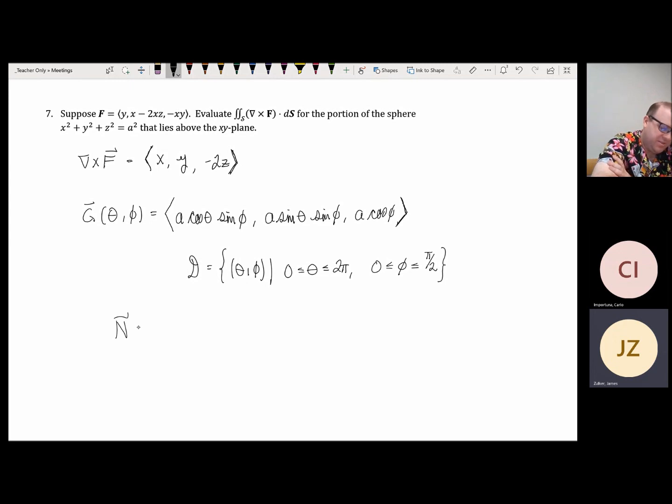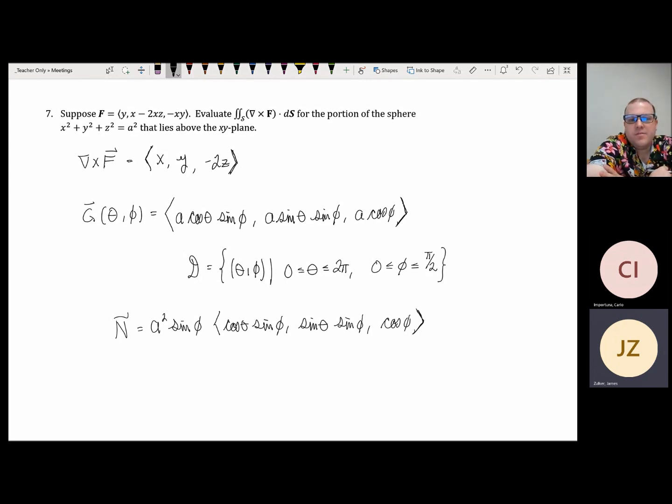The normal vector has been derived. It is a nasty derivation, very tedious. It's the radius squared times sine of phi times the parameterization of the unit sphere.